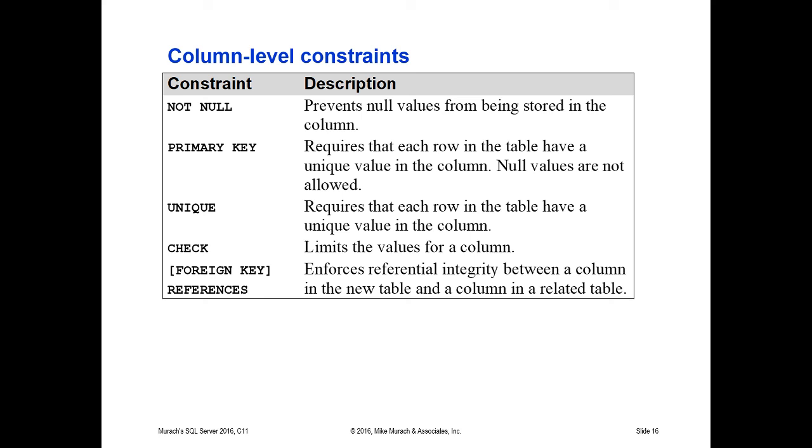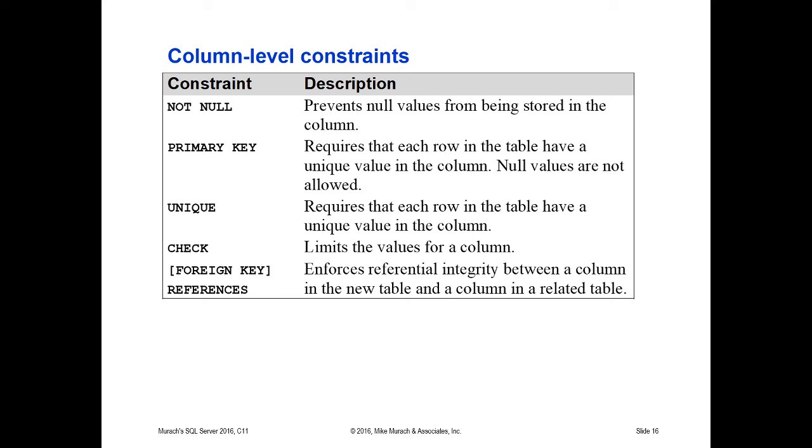Constraints are the fences that we place around our fields so that we make sure that the data in the field is valid. A unique constraint says that this value must be unique within all occurrences of our table. So this is the only time I can have that value. A check constraint is one that sets up limits on values, like the amount due must be between 500 and 1,000.